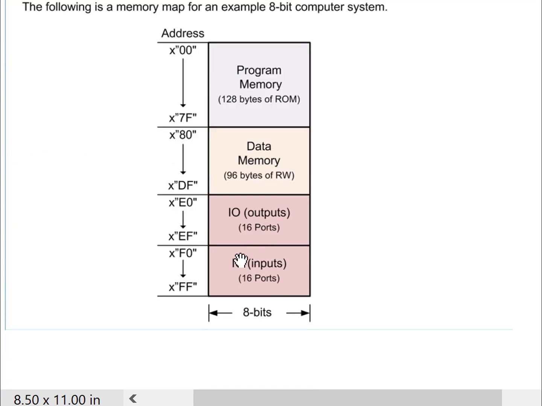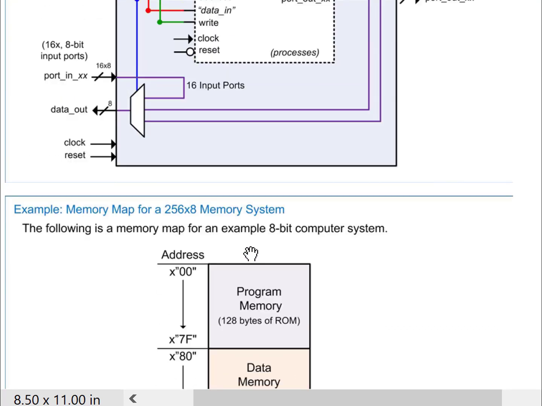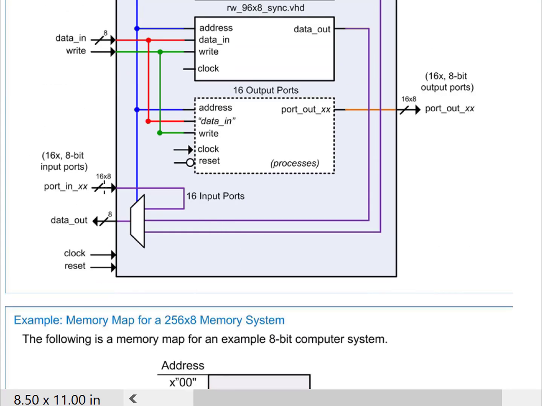You are also going to have 16 input ports, which are mapped to F0 to FF. That means whenever you see those addresses between F0 and FF, you will then route that specific input port through a multiplexer in the memory system, and that will be the output of the memory system itself.